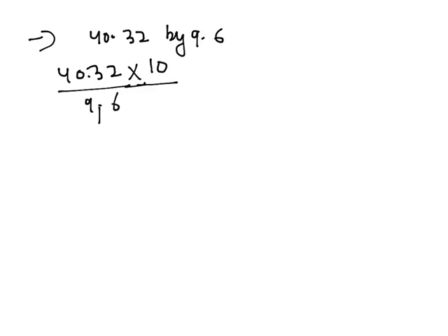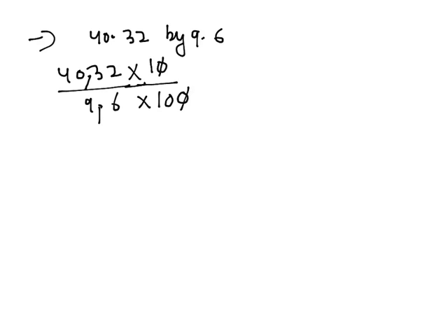We have to place the number of digits in the numerator to remove the decimal in the denominator, and when we are removing the decimal point from the numerator, we will put the number of zeros in the denominator. Here we have two digits after the decimal point, that's why we multiply by 100.